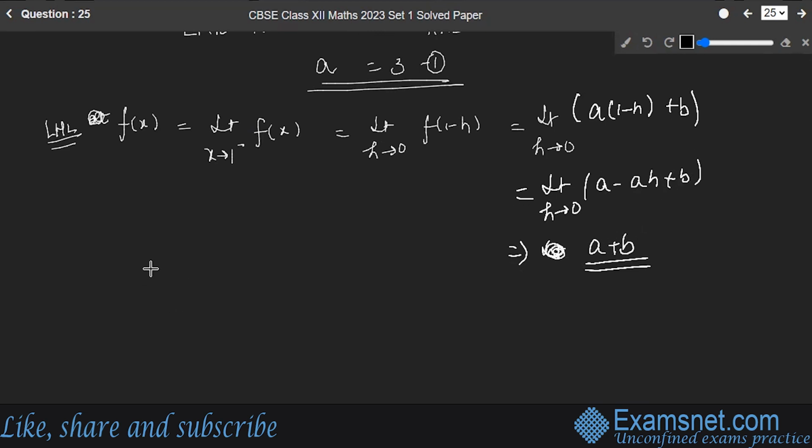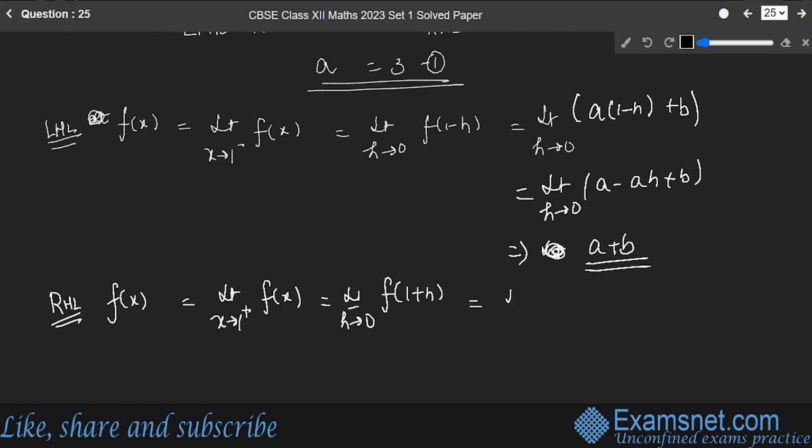Now the right hand limit of fx is equal to limit x approaching 1 plus of fx. So this is equal to limit h approaching 0, f of 1 plus h. Now I'll be considering the function fx is equal to 2x square minus x. Why? Because it is greater than 1 now.